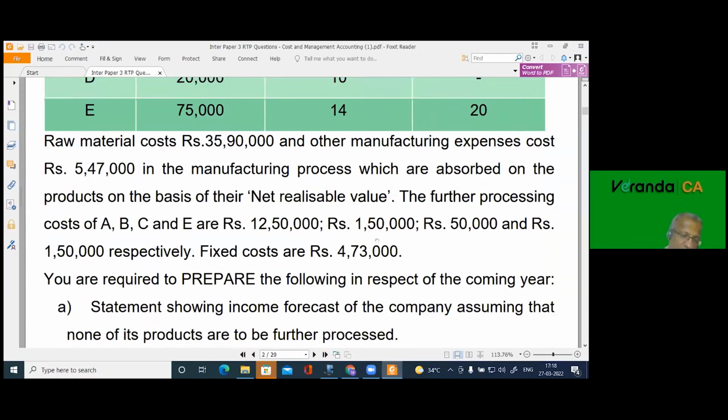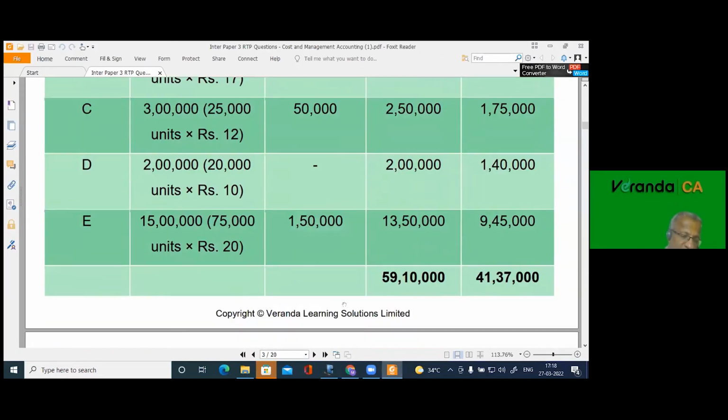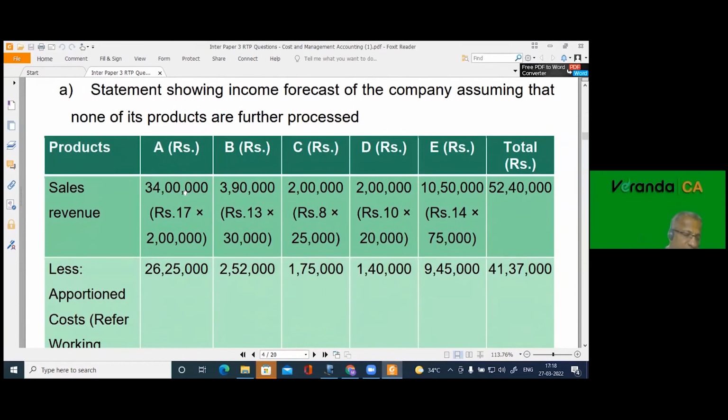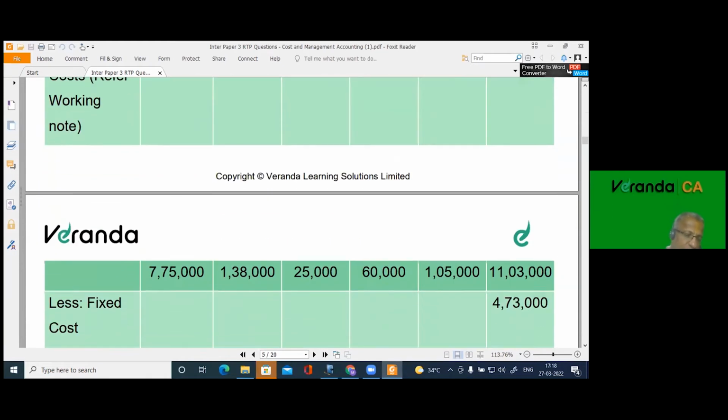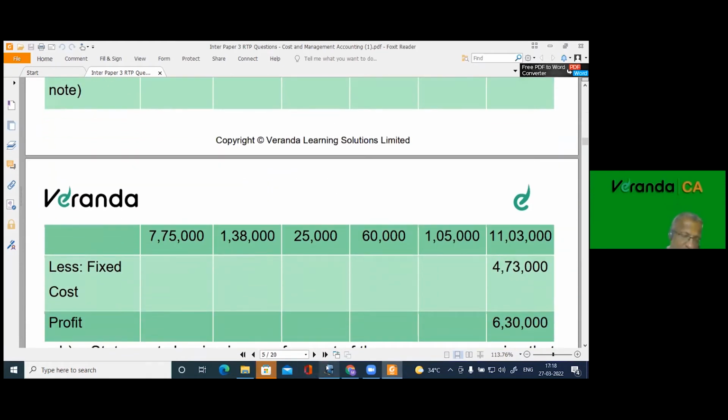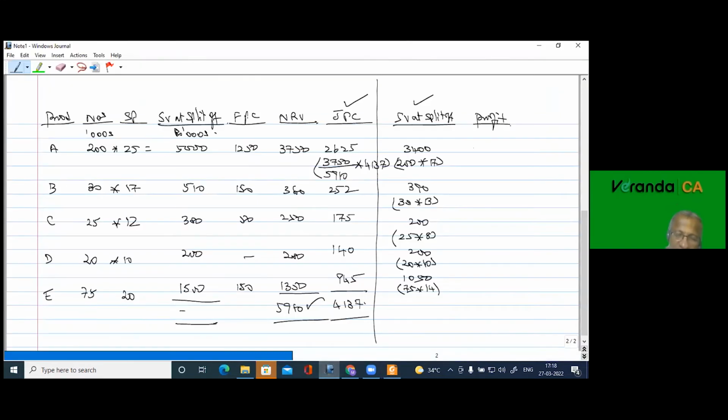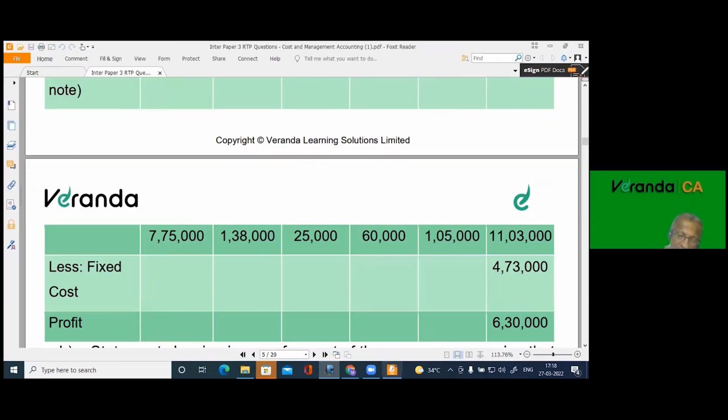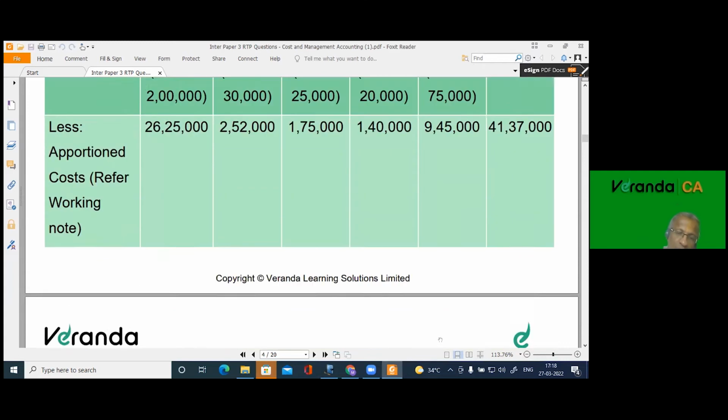That is what you just find. They have reported separately: 400, 26, 25. What is this? 775. 3,400 and 138, 25, 60, and 105.